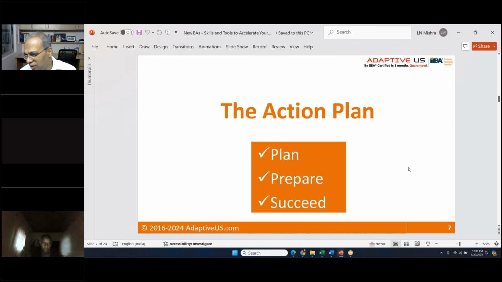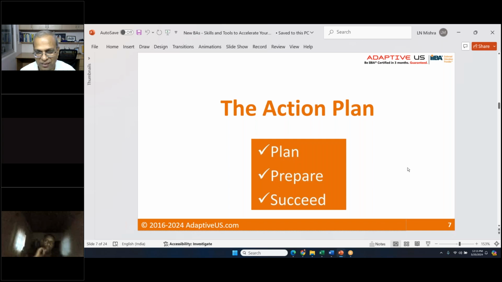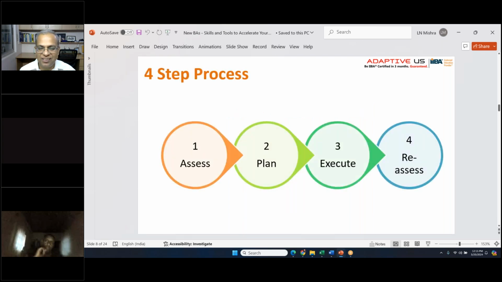Okay, so how do we go about this whole journey? So let's build an action plan for ourselves. And using that action plan, we can definitely become a better BA in 6 months to 1 year time, maybe even quicker if you are smart enough. Okay. So I always start with a phase called assessment.